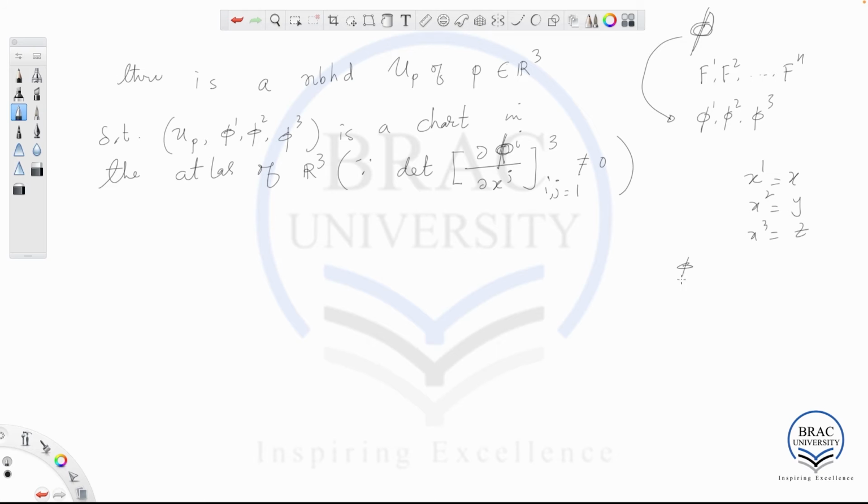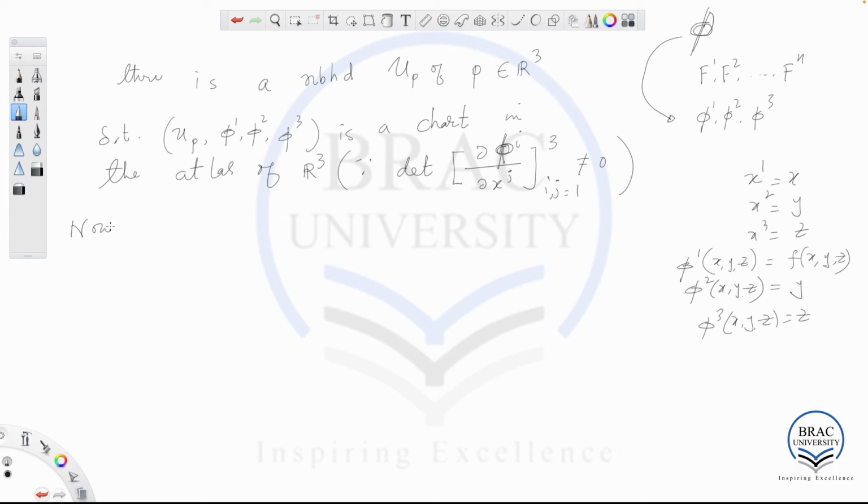Note that in this notation, phi1 of x, y, z is f of x, y, z. Phi2 of x, y, z is just y, right? And phi3 of x, y, z is z.